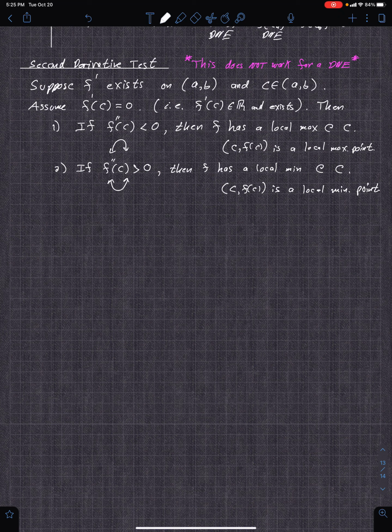And then 3, if f double prime of c equals 0, the test fails, and you use a different method.